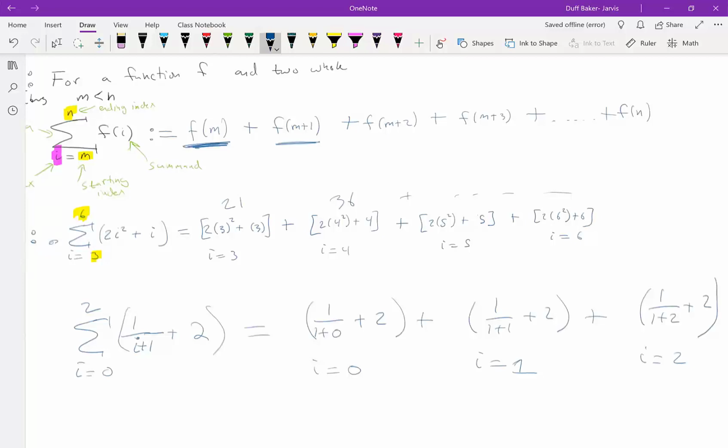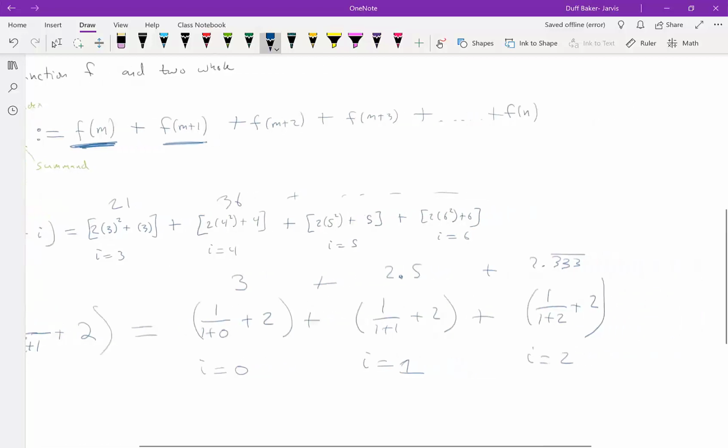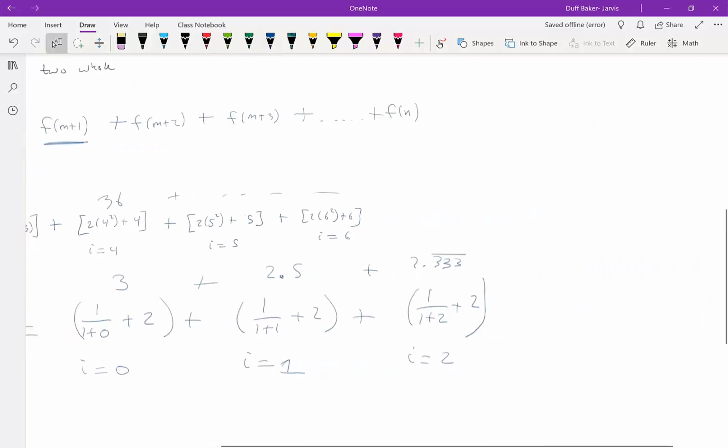And so this would be 3 plus 2.5 plus 2.333 repeating, right, 2 1/3. So whatever this works out to be, this is what, 5, 7, something like that. So you would get some number here, right?